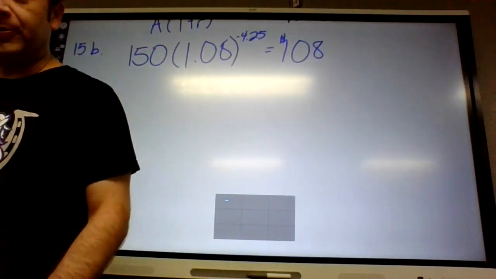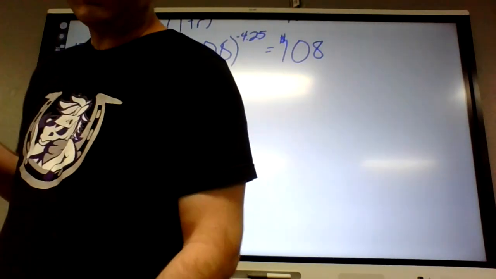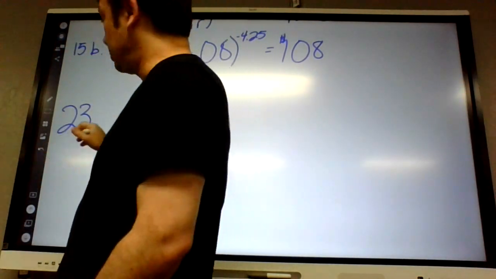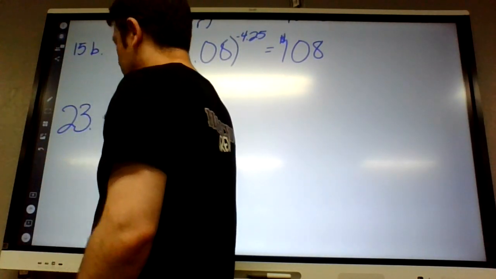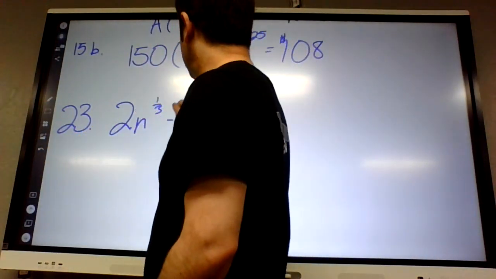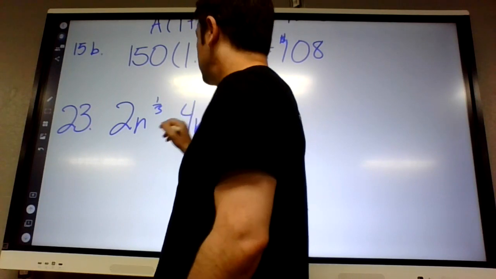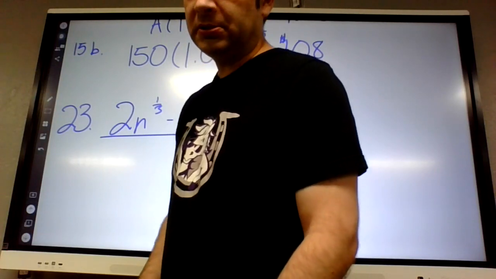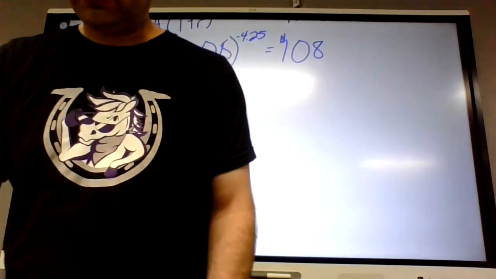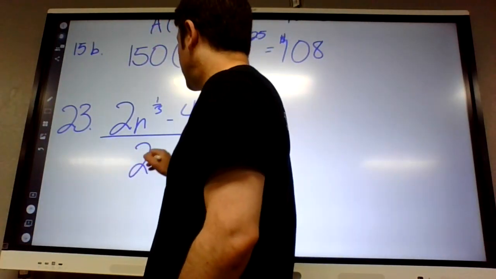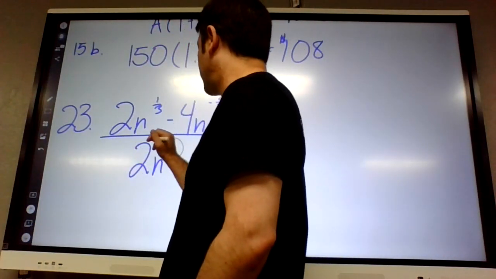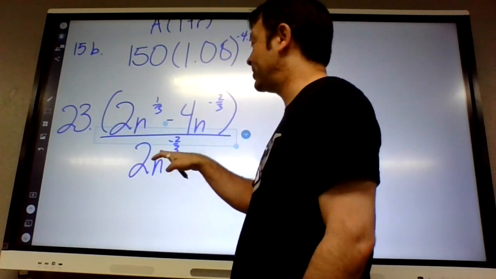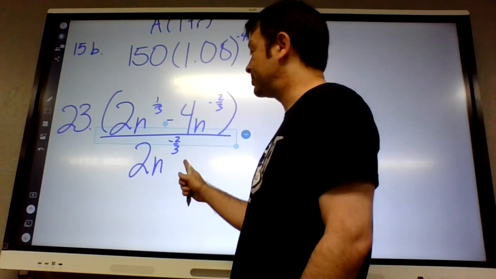Okay, now back to where we were, 23. Do you divide the top thingies by the bottom? Yeah, so this is a distributive problem. But instead of multiplying both of these terms by something, we're dividing both terms by this.